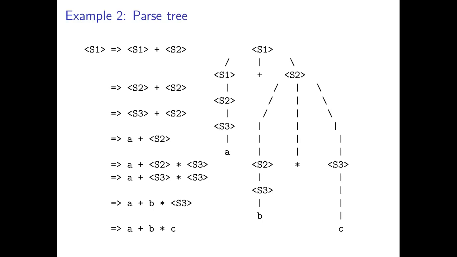We start out with S1 as our root. From that, we have three children: the non-terminal S1, the terminal plus, and the non-terminal S2, as we see here.